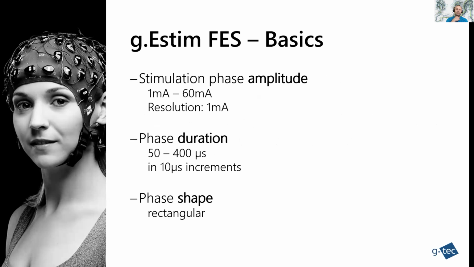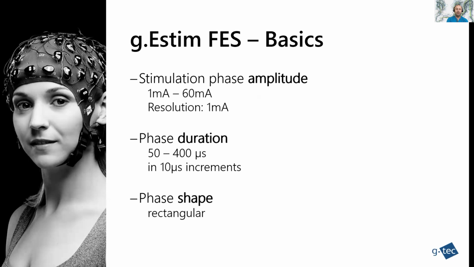The main settings that you do when you do a stimulation are that you set the stimulation phase amplitude. That can start from 1 milliampere going up to 60 milliampere. Usually when you do the stimulation, we will see it afterwards with my colleague, around 10 to 15 milliampere is enough to get a proper muscle movement, for example. But it depends, of course, on the muscle that you want to stimulate.